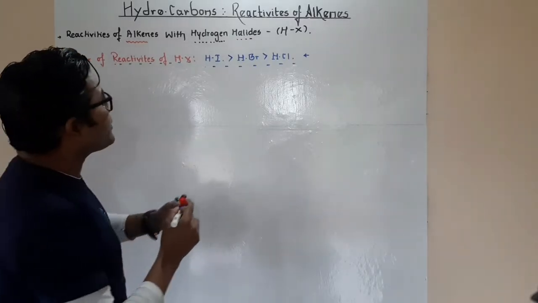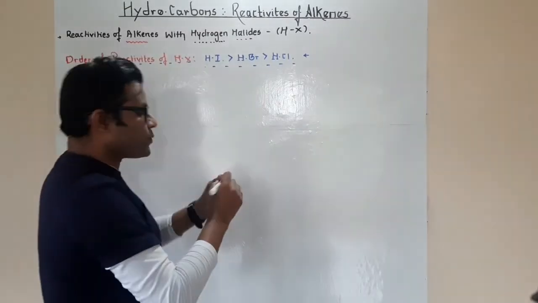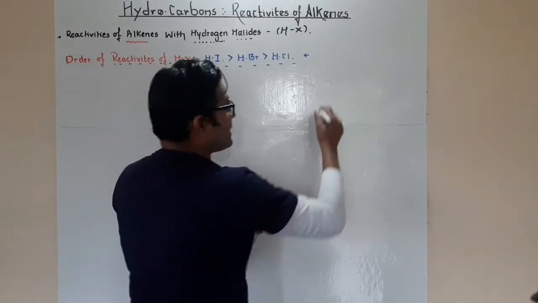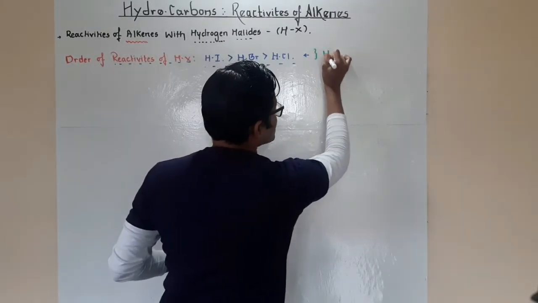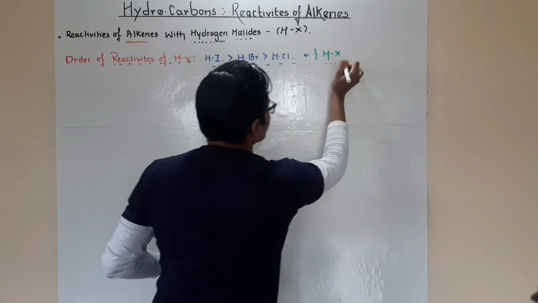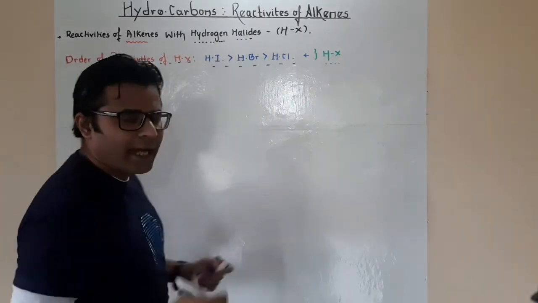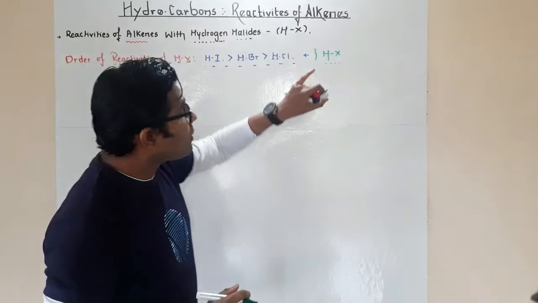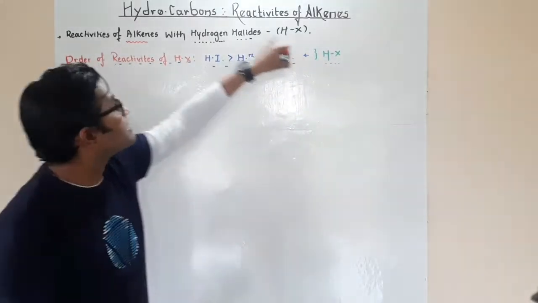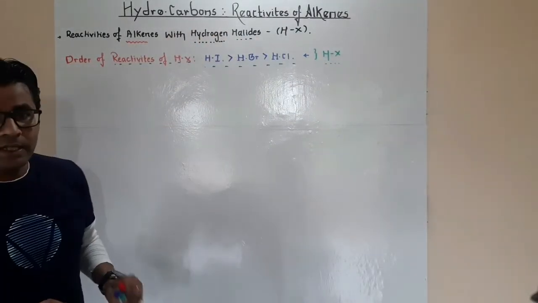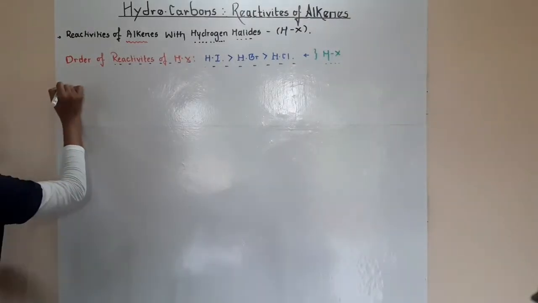Now we are going to take these hydrogen halides, which we generally represent as HX. Now how do these hydrogen halides react with alkenes? Alkenes can be categorized into two types.